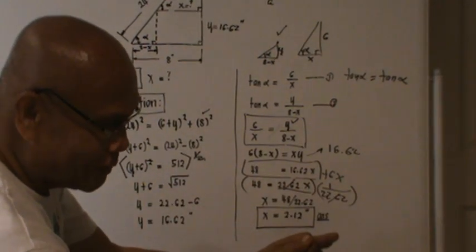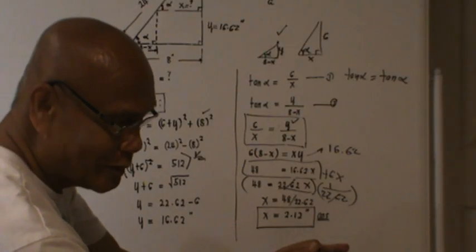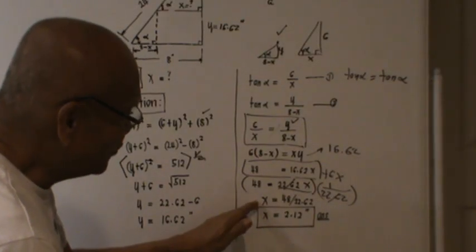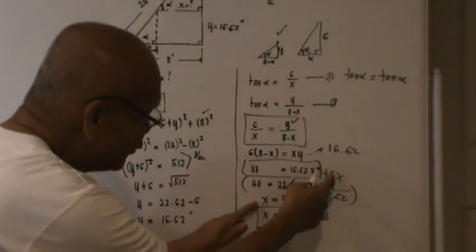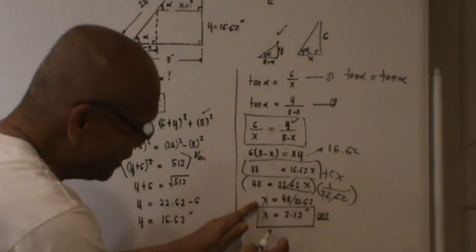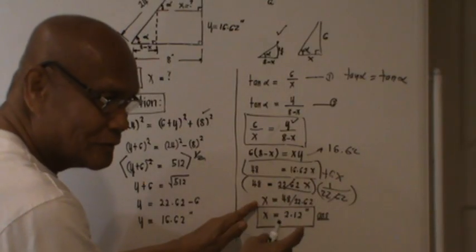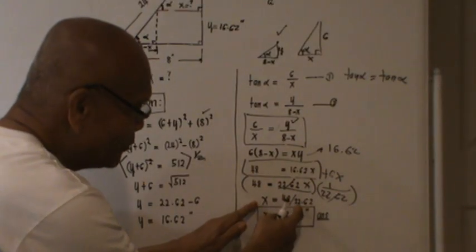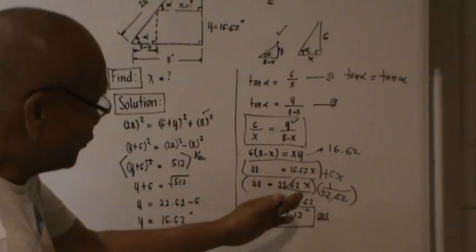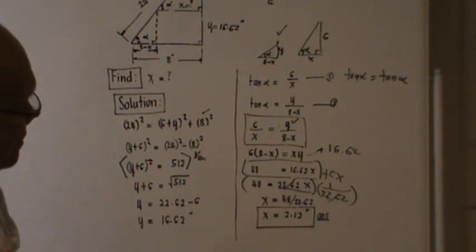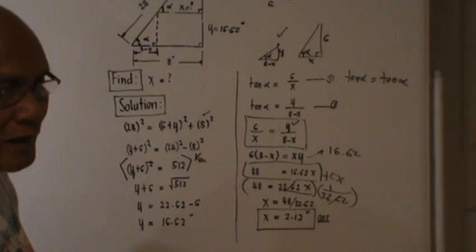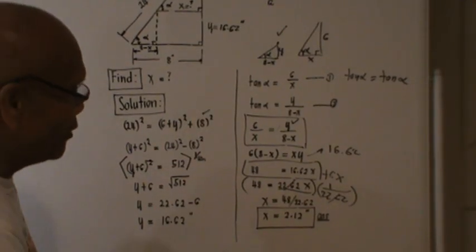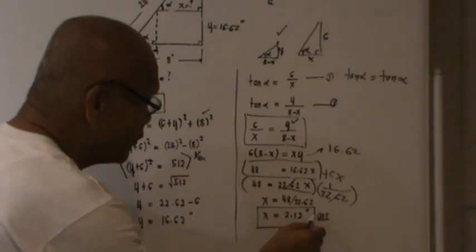Or we could now transfer this one to the left. So x now will be equal to 48 times 1 over 22.62, or just simply the ratio of 48 over 22.62. And if we try to divide this one, what comes out for the value of x will be 2.12 inches.